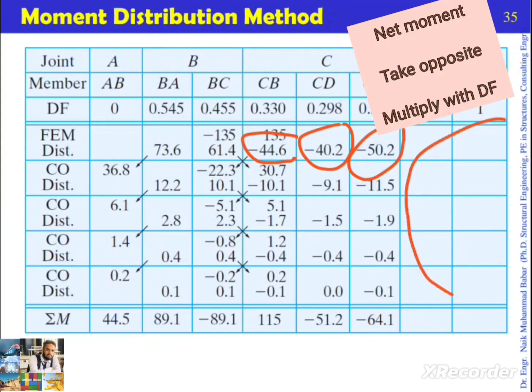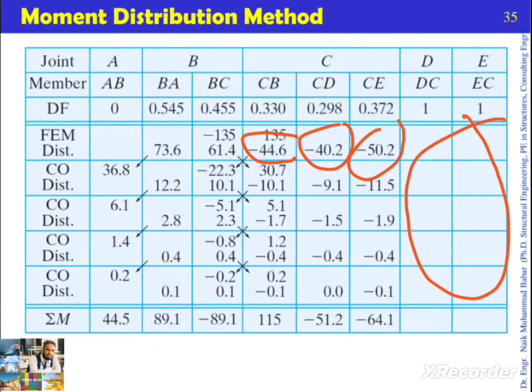At joints D and E there is no need to calculate, because we know that in the end we will get zero moment. When the joint is a roller, hinge or pin support, there is no need to calculate the distribution and carryover of the moment at these joints.